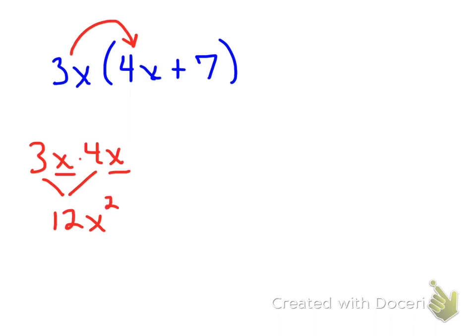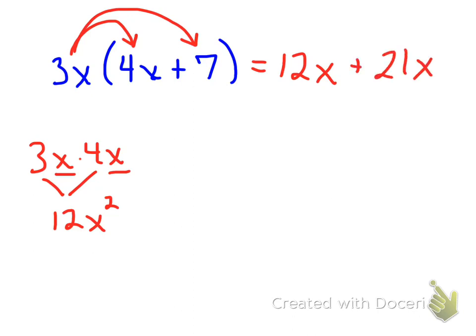So when I distribute the 3x to the 4x, I get 12x squared, and 3x times the 7 will give me positive 21x.